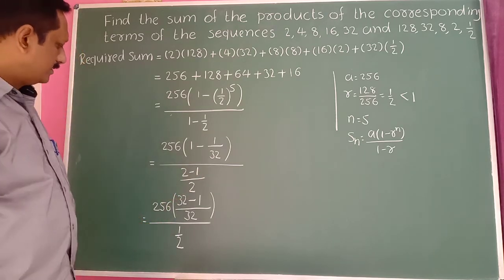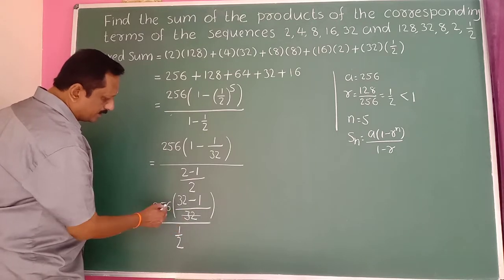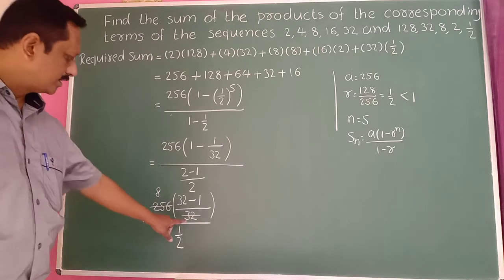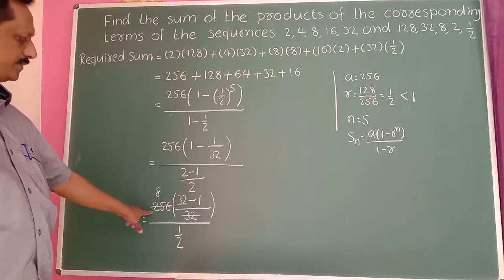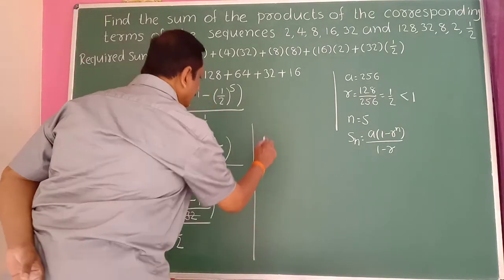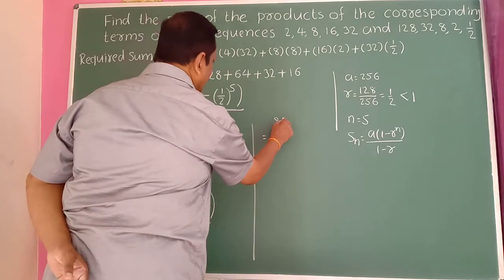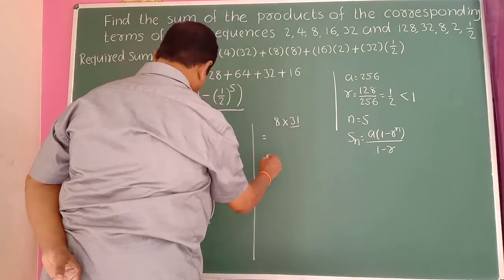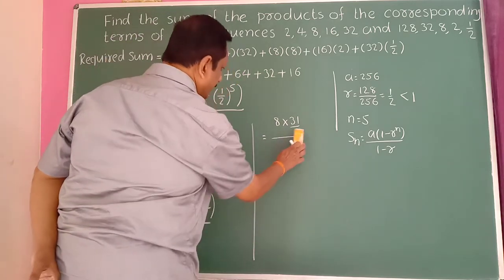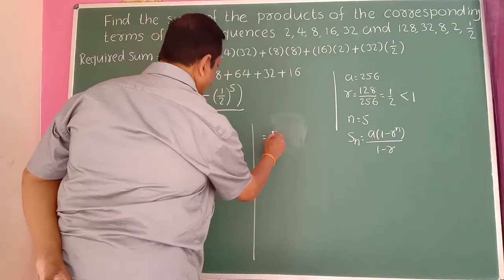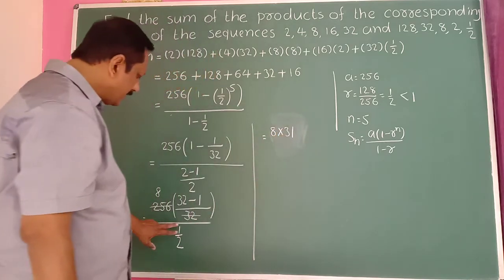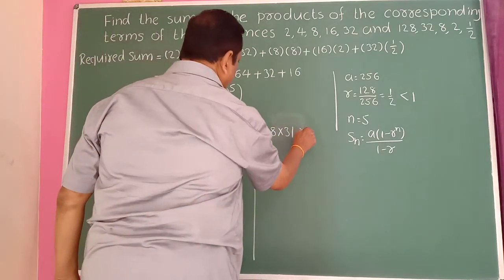Then 32 ones are 32 here, 8 is 256 here. So 32 ones are 32, 8 is 256. 32 minus 1 becomes 31. So this is equal to 8 into 31 divided by... 8 into 32 minus 1 is 31, and you can take 1 by 2 to numerator, it gives 2 by 1 here.